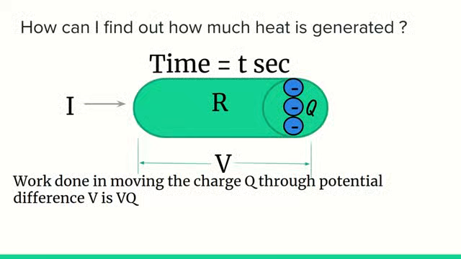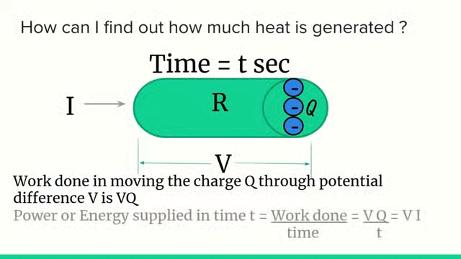That is the potential difference into the charge Q. Power or energy supplied in this time t seconds is work done by time. That is VQ by T, and if you take Q by T, it is actually the current I. So VQ by T becomes VI.